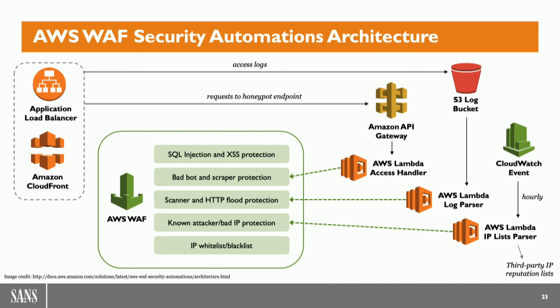And then either update the list of IPs in the lower right-hand corner that it needs to potentially block, or it might update your access handler to make sure that that bad IP is blocked indefinitely or for some period of time. Right? Automating, again, your response to potential malicious activity here.